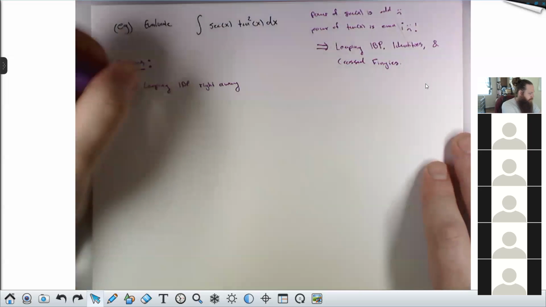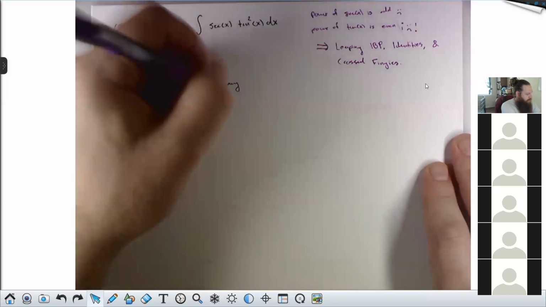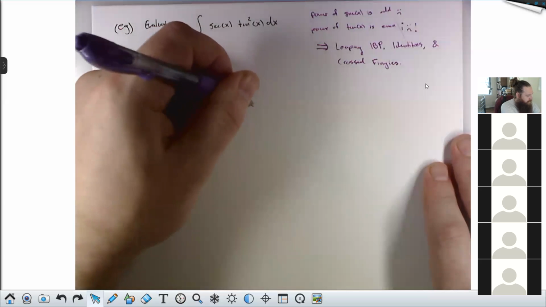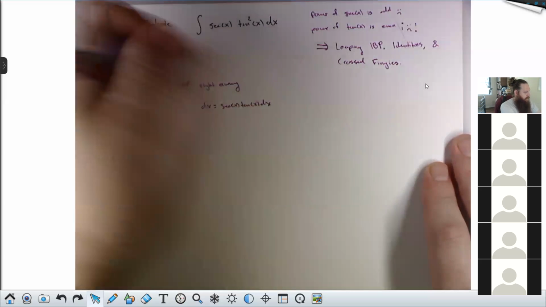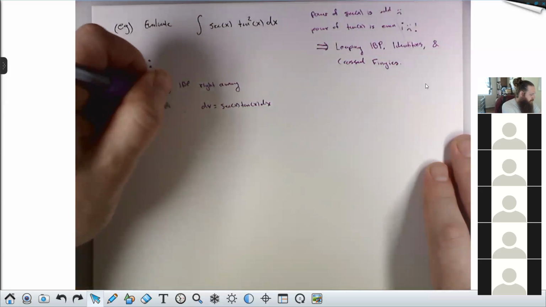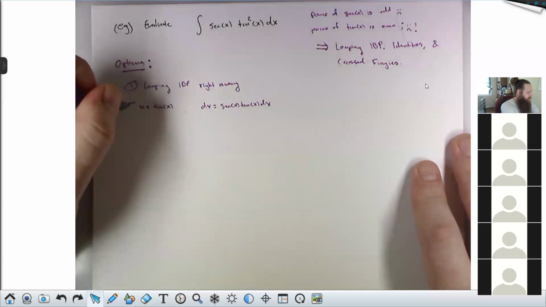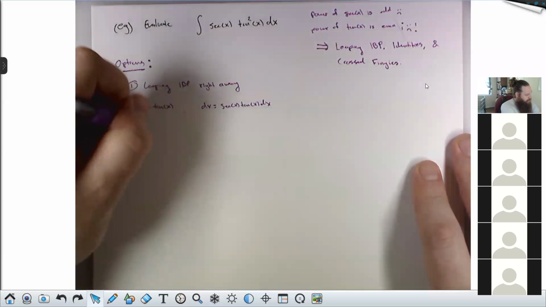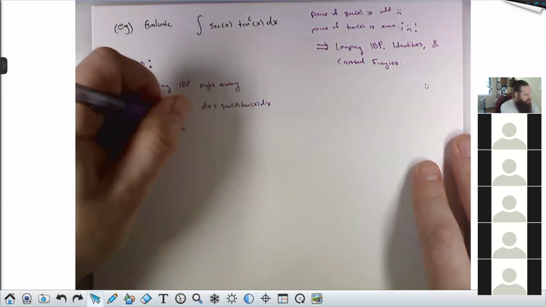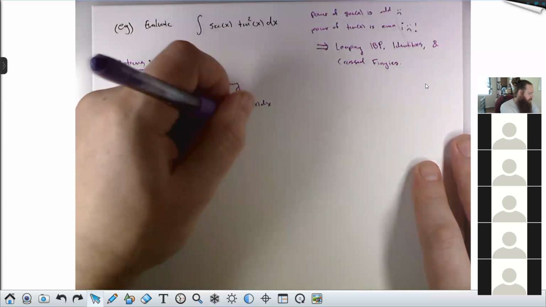One way to do that is by choosing u and dv as follows. I can pick dv to be secant x tangent x dx because I know how to integrate that, and I can pick u to be the leftover stuff, which is just the lingering copy of tangent x. If you do this, then du is secant squared x dx, and v is the integral of secant tangent, which is just secant.